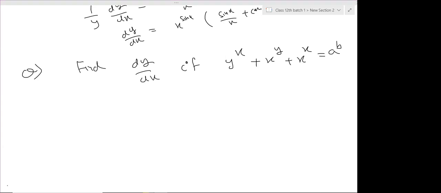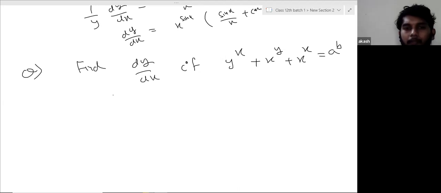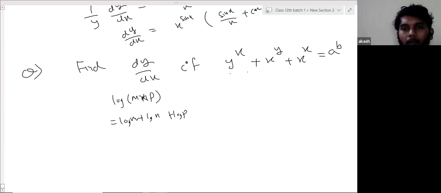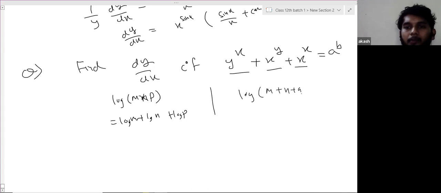Yes, sir. All right. Now we have learned today this log of mnp, this we can convert into addition. But if the question is already in addition, then log cannot do anything, right? We don't have any property for log of m plus n plus q.